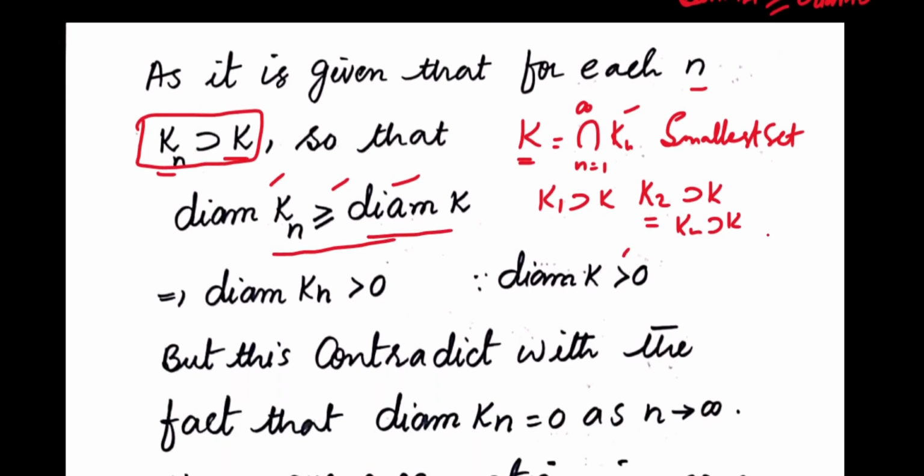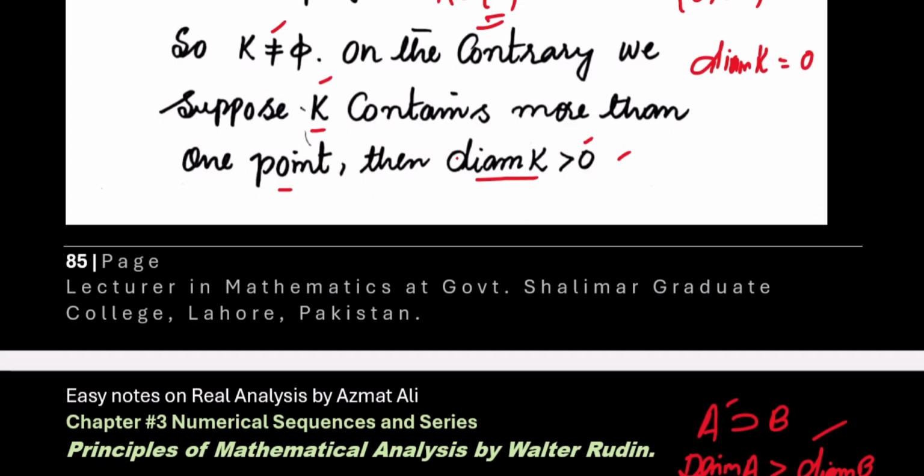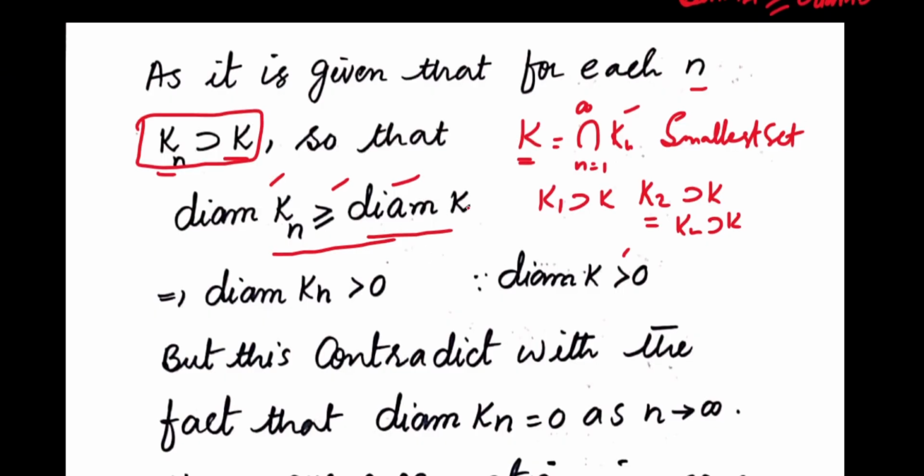How is this positive? Because we suppose K contains more than one point. That's why its diameter is positive. So if its diameter is positive, this will be greater than 0. This implies diameter of Kn is greater than 0.